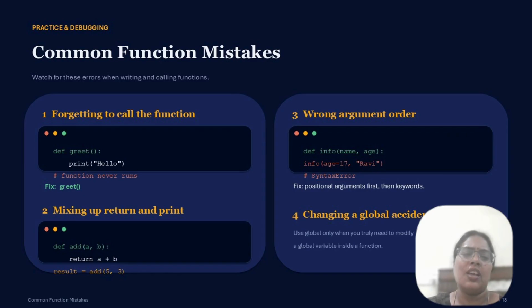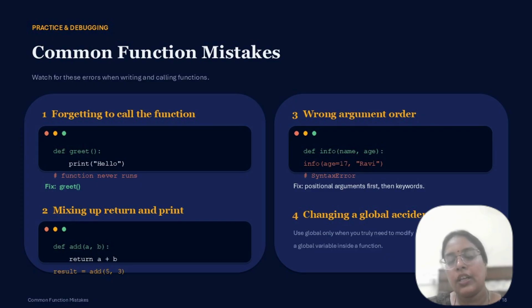Common mistakes we make: we forget to call a function, and we mix up return and result. Writing result is equal to add of a comma 3 can be very confusing, because if you are passing parameters you have to be extremely careful. Wrong argument order should also be avoided.